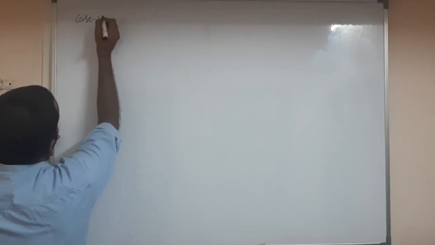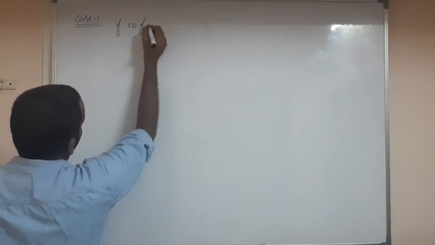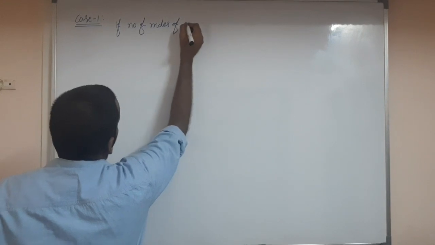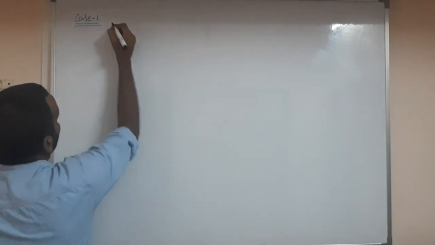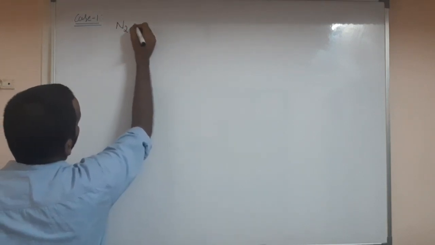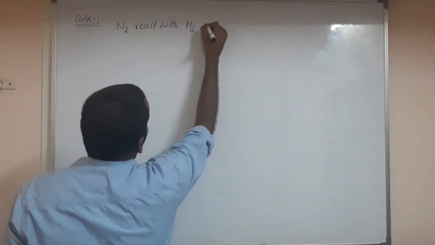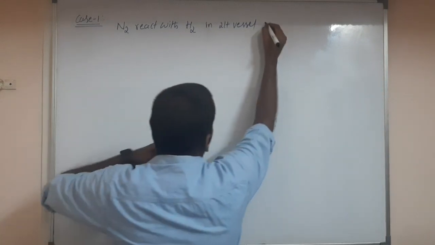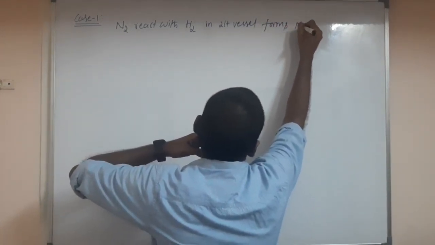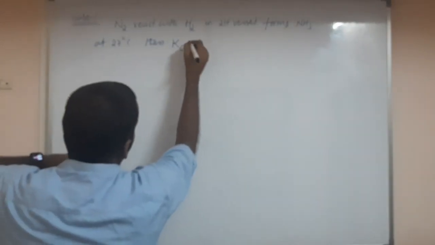Case 1. If nitrogen N2 reacts with H2 in a 2-liter vessel, it forms NH3, at 27 degrees Celsius. Then what is Kc?